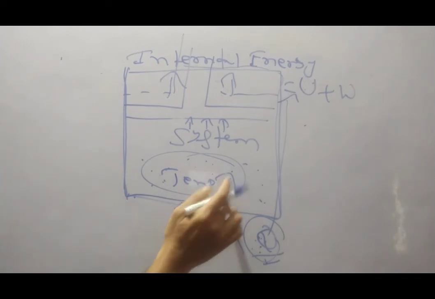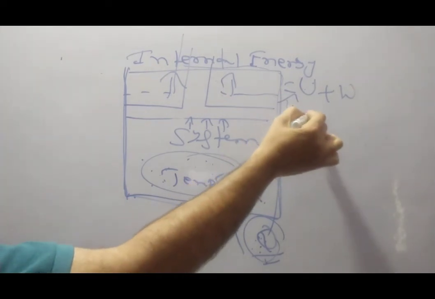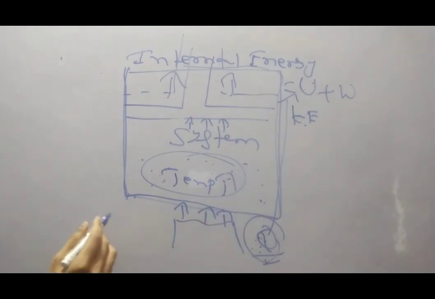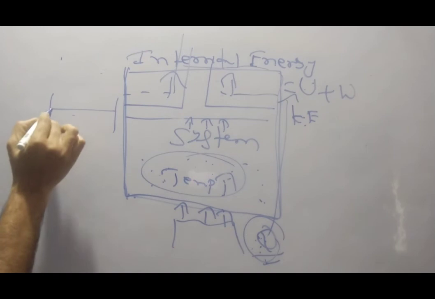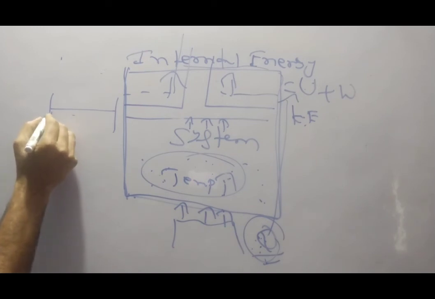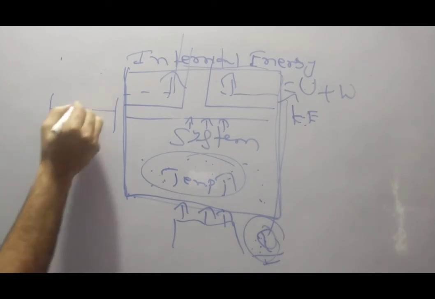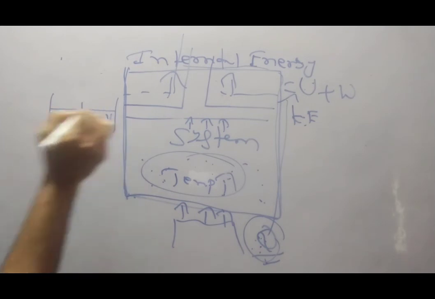And one more thing is, here only kinetic energy will be there. Why kinetic energy? If you see the change of state, this is the ice point, this is the water point, this is the vapor condition.